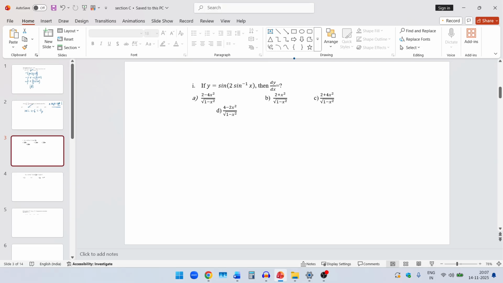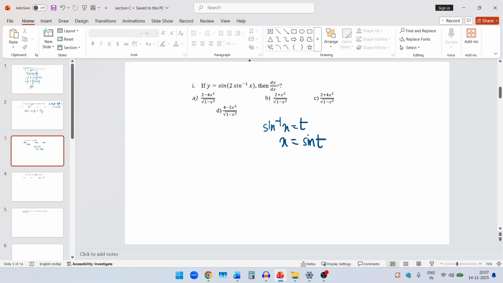Next question is y is equal to sine of 2 sine inverse. Okay, the answer to this question is, first of all, put sine inverse of x is t. So what will happen is x is equal to sine t. Okay, if you put x is equal to sine t, then you have to remember a couple of formulas here.